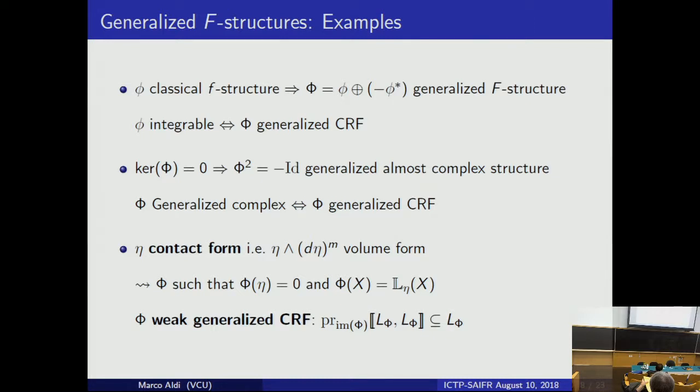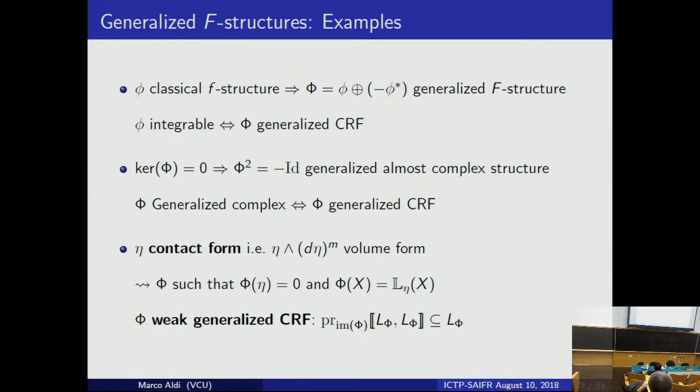And a sort of example is coming from contact geometry. So suppose that eta is a contact form, so eta wedge d eta to some power is a volume form.